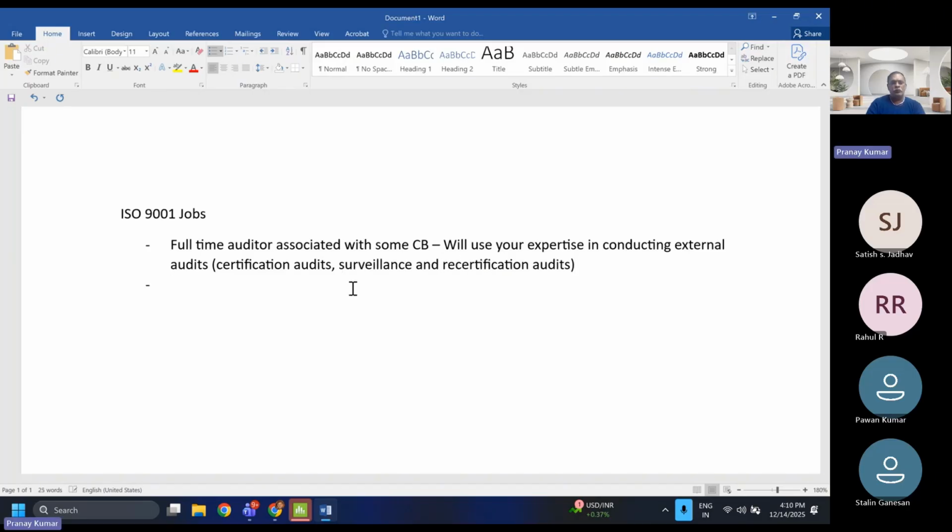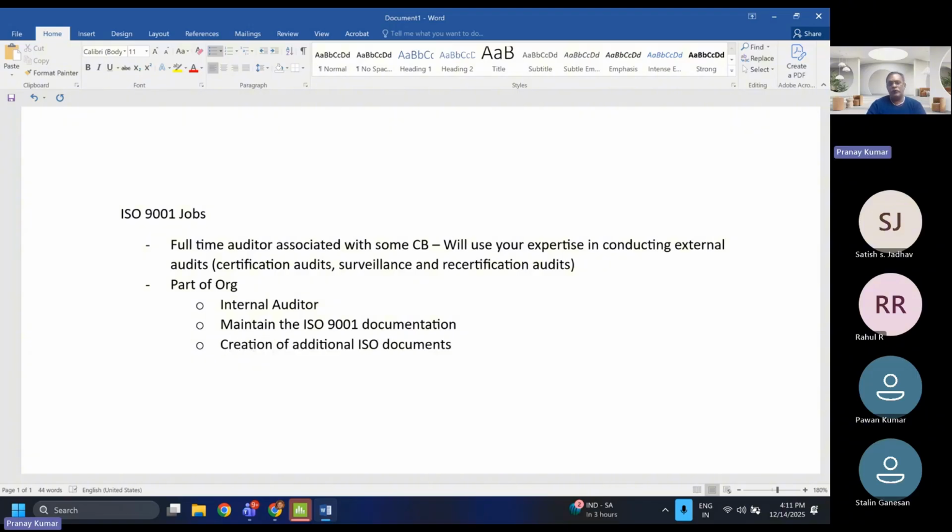The other is that you become part of some organization. One job that you will have, let's say you work with HCL in the ISO 9000 world, you will be required to conduct internal audits. You will be required to maintain the ISO 9001 documentation. And in some places, creation of additional process documents will also be part of your job.